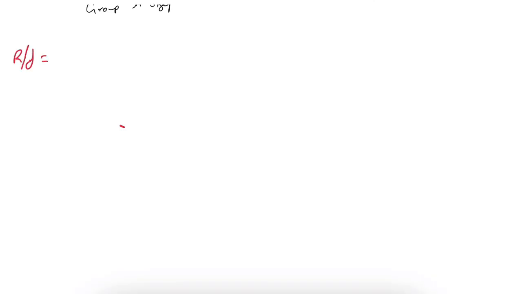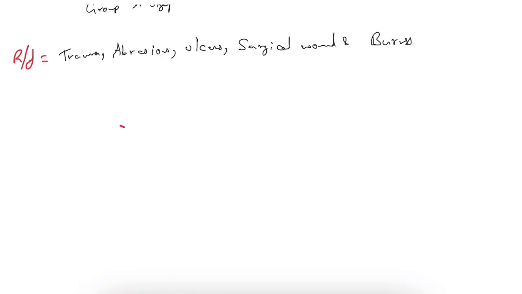Now some risk factors. Local risk factors include trauma, abrasions, ulcers, surgical wounds and burns. So these are the local risk factors of cellulitis.